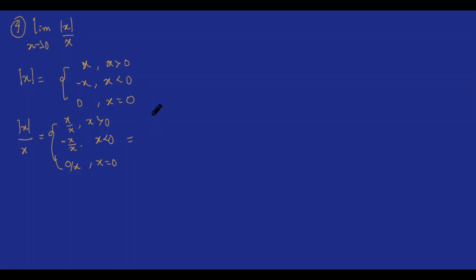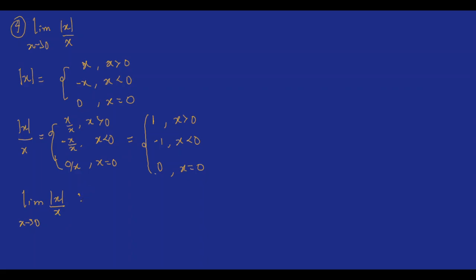So this becomes 1, minus 1, and 0 for x greater than 0, x less than 0, and x equal to 0 respectively. We want to find the limit of the absolute value of x divided by x as x tends towards 0.